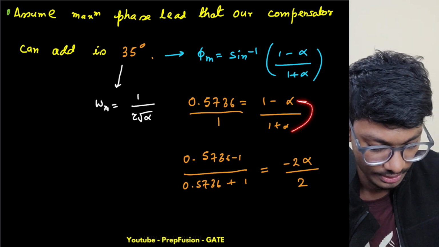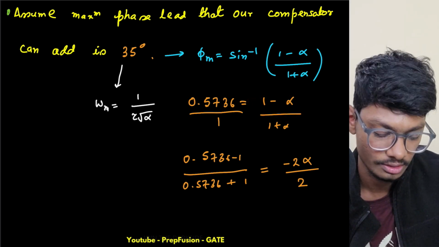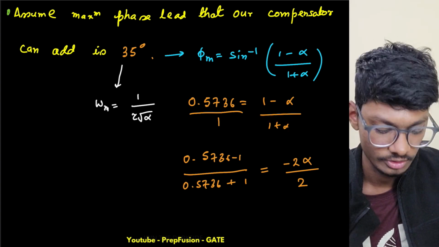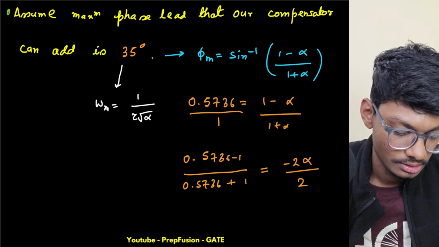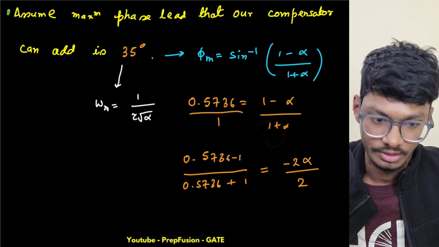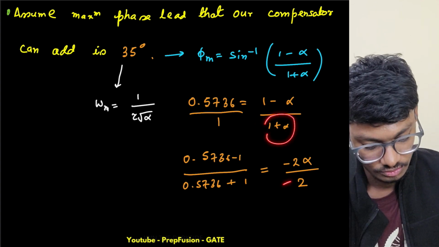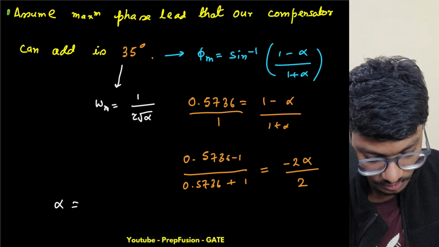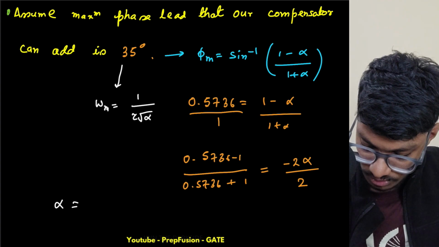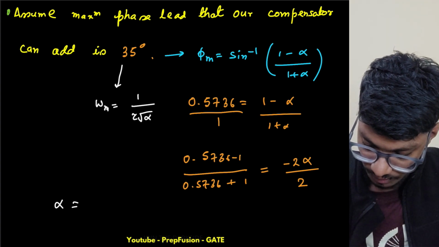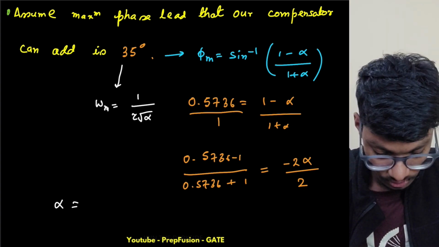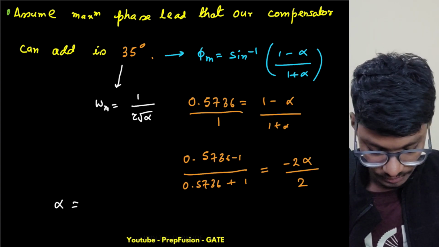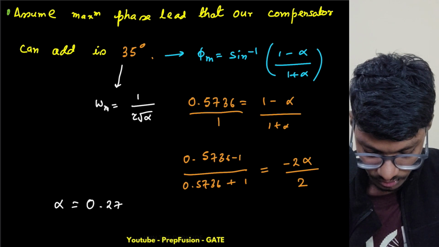So I'm subtracting the numerator from the denominator, and adding the denominator and the numerator. Componendo dividendo. So my alpha will be simply the result divided by 1.5736, which equals 0.27.